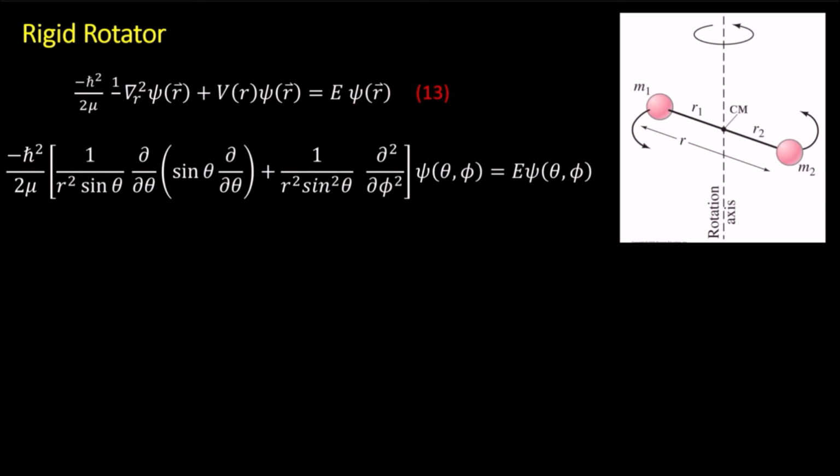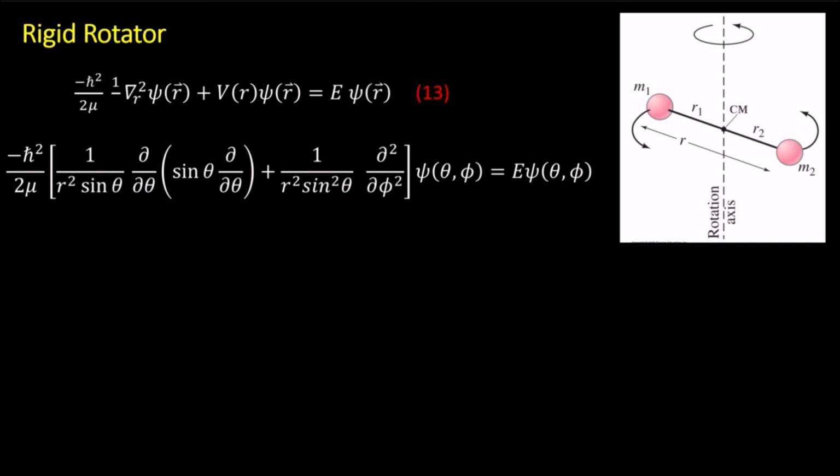The only difference is that here, as this separation distance r is fixed, the wave function will depend only on the angles θ and φ, and hence we neglected the variation of the wave function with respect to small r. Also, instead of mass m, we consider here the reduced mass of the system μ.